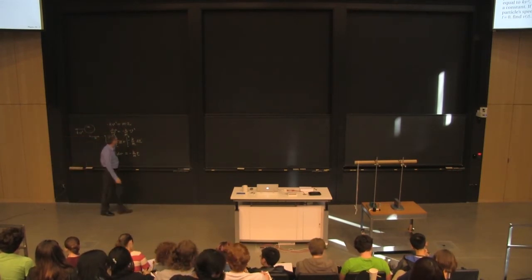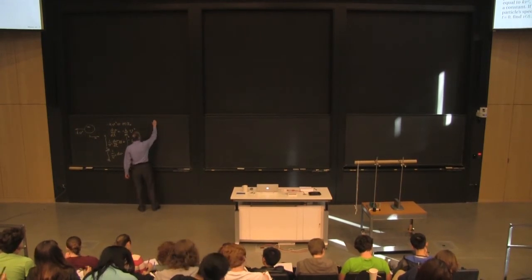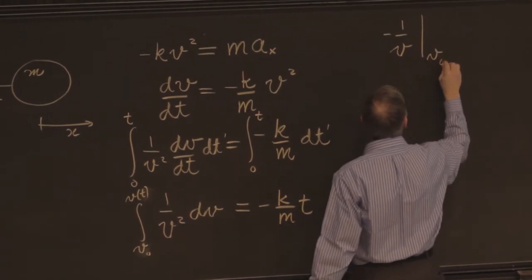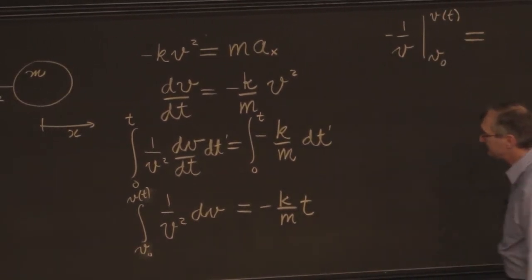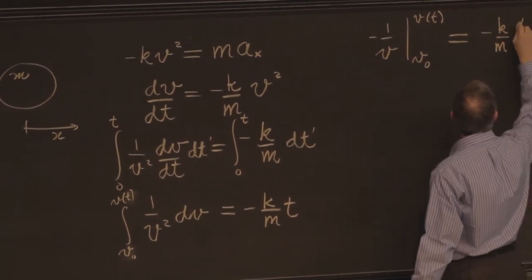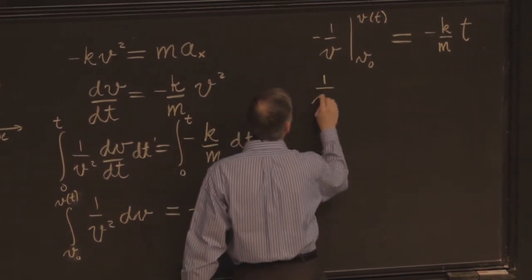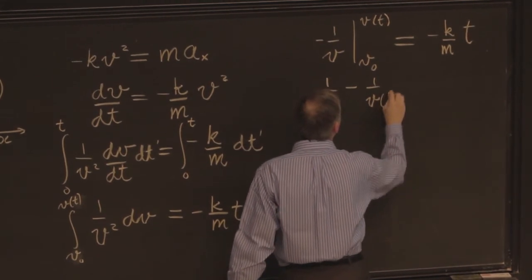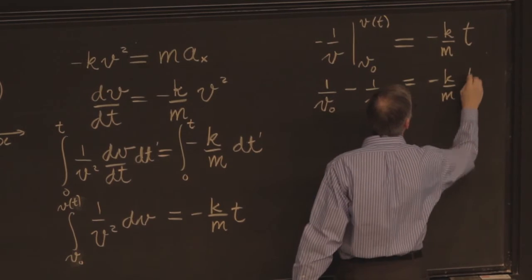That's in the class of integrals we know how to do. So we have minus 1 over v to be evaluated between the limits v naught and v of t is equal to minus k over m t, or 1 over v naught minus 1 over v as a function of t is equal to minus k over m t.